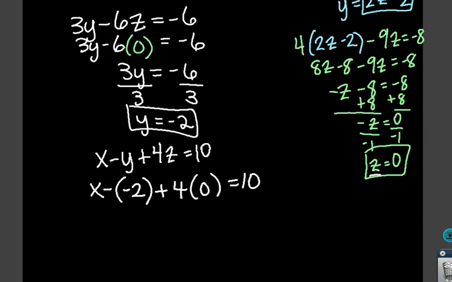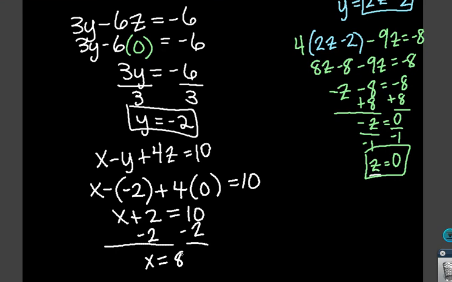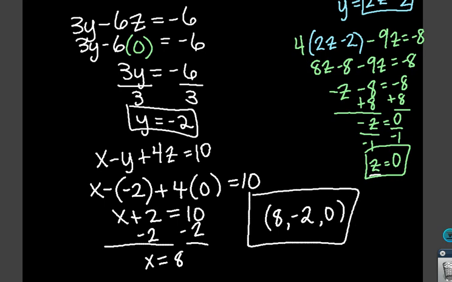Subtracting a negative is the same as adding a positive, so we have x plus 2 plus, what's 4 times 0? Do I need to write that? Nope. Okay, and then what do I do to isolate x? Subtract 2. So we get x equals 8. So our solution is the ordered triple, 8, negative 2, 0. And that is our solution.